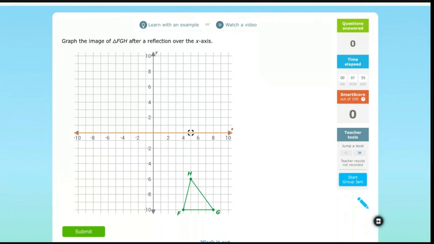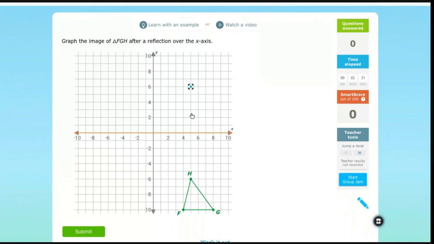The image H prime must also be 6 points away, both perpendicular and on the opposite side. To keep it perpendicular, we'll continue moving up because a vertical line is perpendicular to a horizontal line. We'll count 6 points, 1, 2, 3, 4, 5, 6.